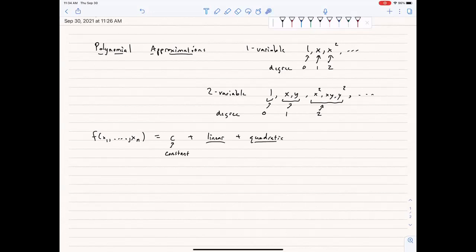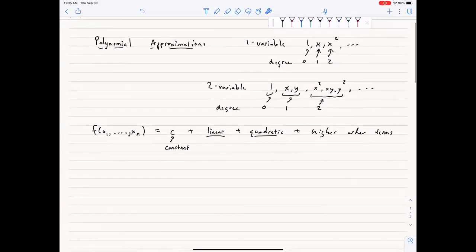So sums of things like this, the quadratic, the linear, and then plus higher terms. This is what we're going to do in this chapter without really thinking about it precisely this way. But today, we're going to focus on this bit. And of course, all of this is sensitive to a particular point. So it's sensitive to where we are. We can do different kinds of approximations at different points in the variables x1 through xn.